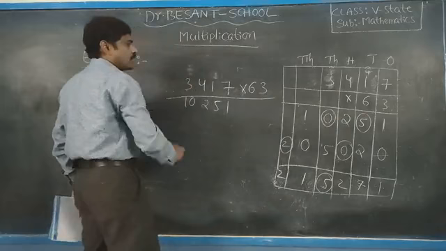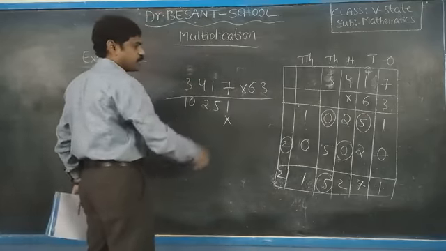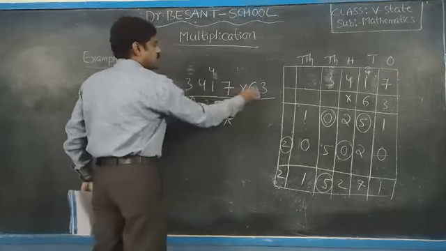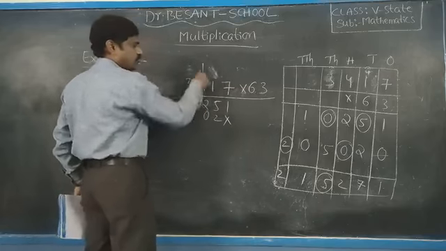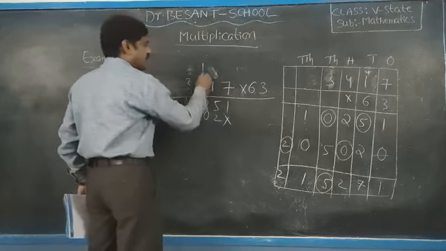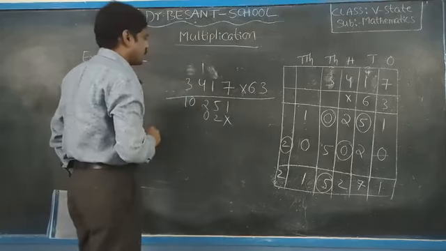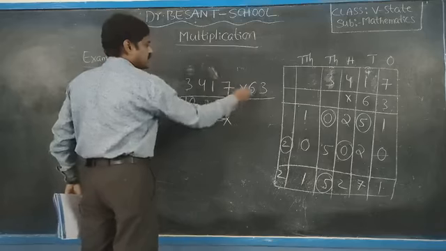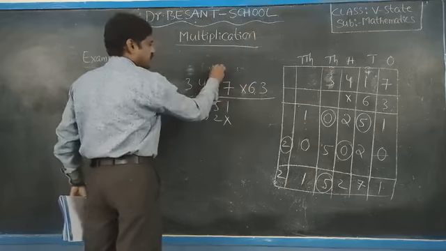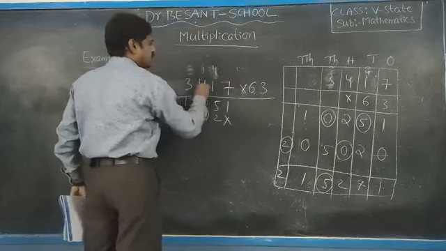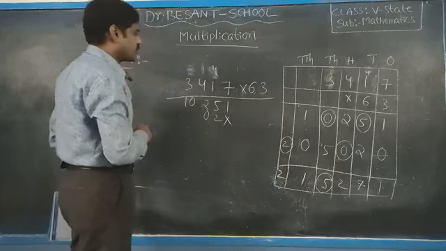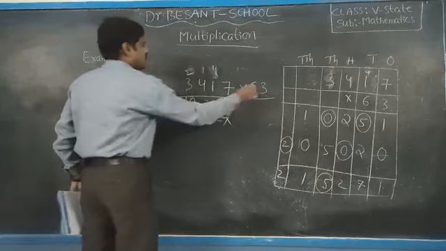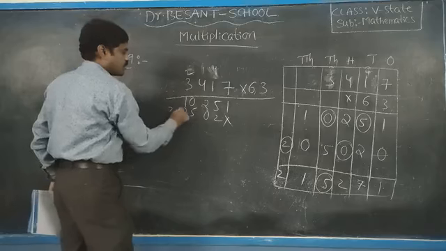Next, multiplication with 6, that means 0. 6 7s are 42, 4, 6 1s are 6 plus 4, 10, 1. 6 4s are 24 plus 1, 25, 2, 6 3s are 18, 18 plus 2, 20.